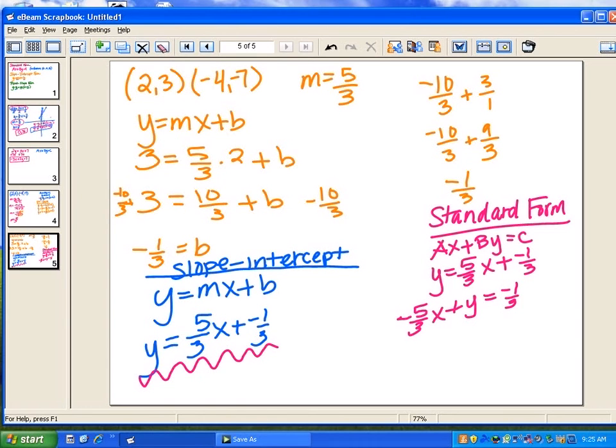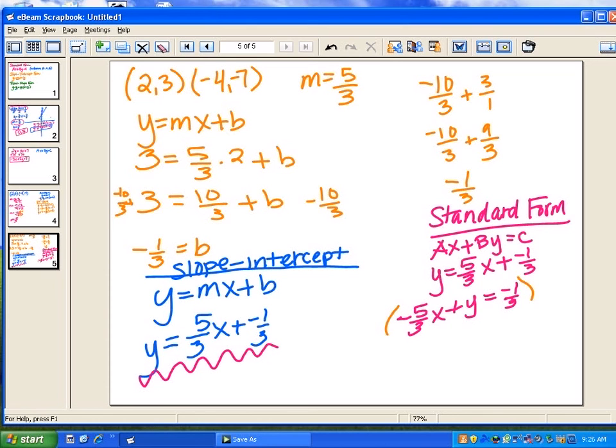Oh, look. That's a funny 3. There we go. You have x and y's on one side and my c on the other side. What's wrong with it? DT. There's a fraction. So how do I get rid of my fraction? Multiply, not by the reciprocal, because I don't want a 1. I just want my fraction gone, by the denominator.